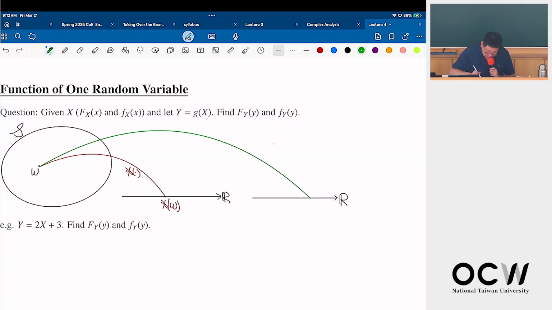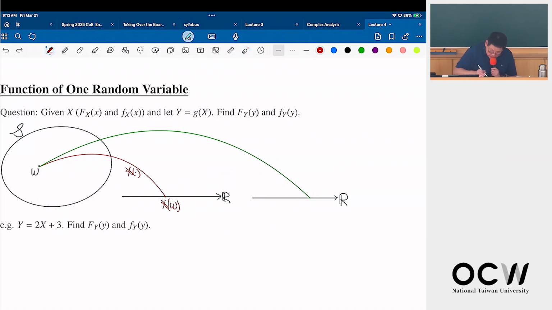That means if I map the realization to another real line, we can think of this realization mapping to the real line for x, and then x mapping to another real line.